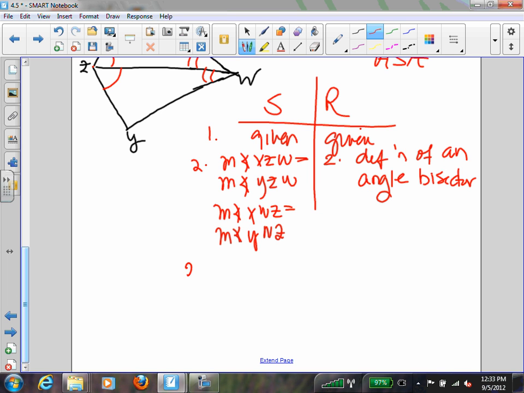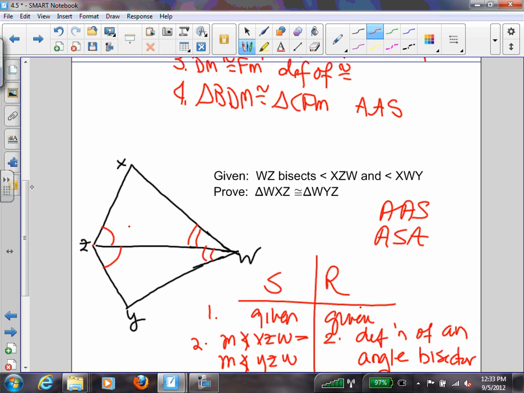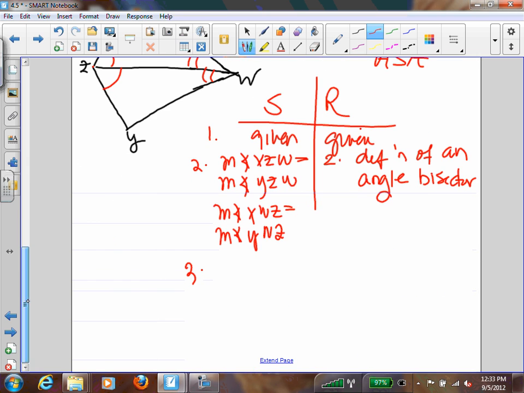So then, because we can say that they're equal, what, Athena? Well, I never gave you any congruency statements. Did I? All I told you is that we have an angle bisector. And that allows us to say that those measures are equal, which allows us to say that they are congruent.